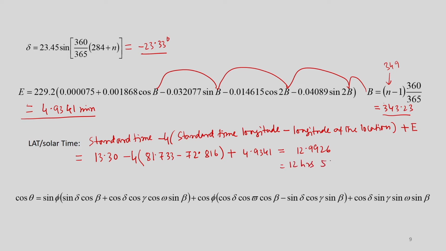Then you have 59 minutes. Since we know 1 hour is 15 degree, from that we can calculate omega. So, omega will be 14.75 degree. As you can understand, this omega variation will be something like this.